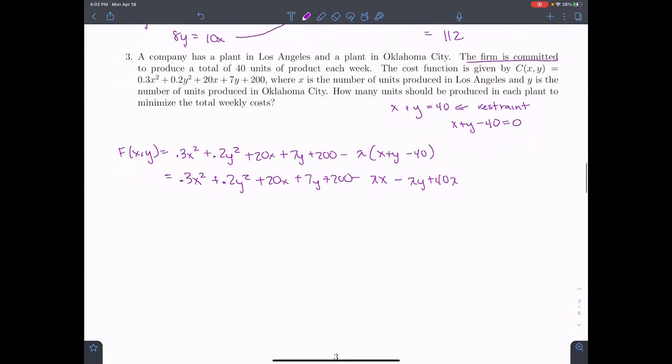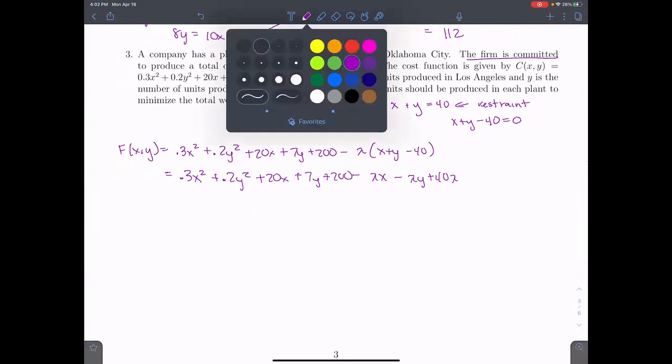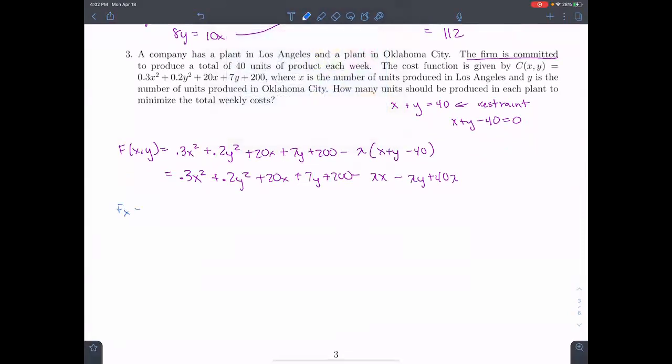Okay, so we're going to take the partial derivatives. So f sub x is going to be 0.6x plus 0 plus 20 plus 0 plus 0 minus lambda minus 0 minus 0. F sub y would be 0.4y plus 7 minus lambda.